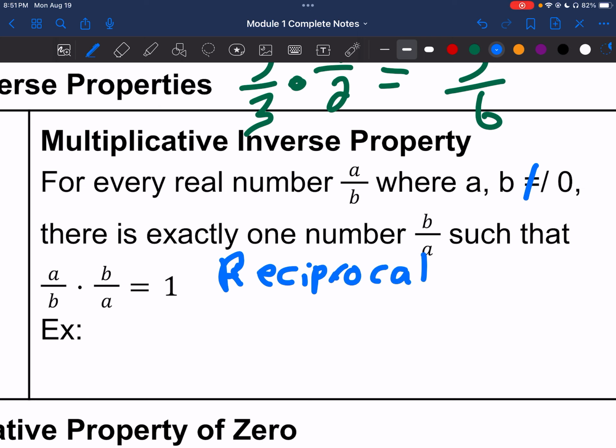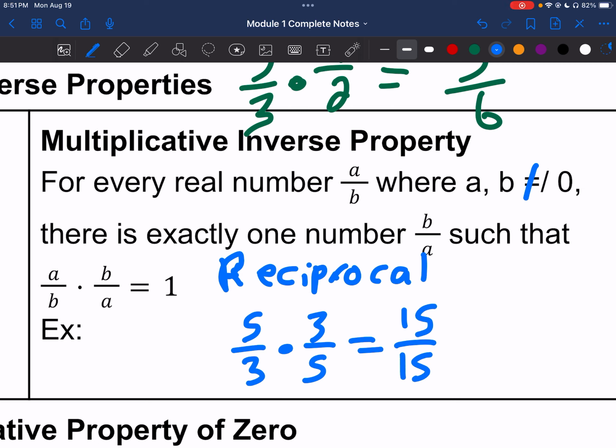And you've used this in skills like cross multiplying. We've used this to clear fractions that are on a variable in a one-step equation. So we just have that a over b times b over a is going to be equal to 1. So for example, if we did 5 over 3 times 3 over 5, we're going to get 15 over 15, which is 1.